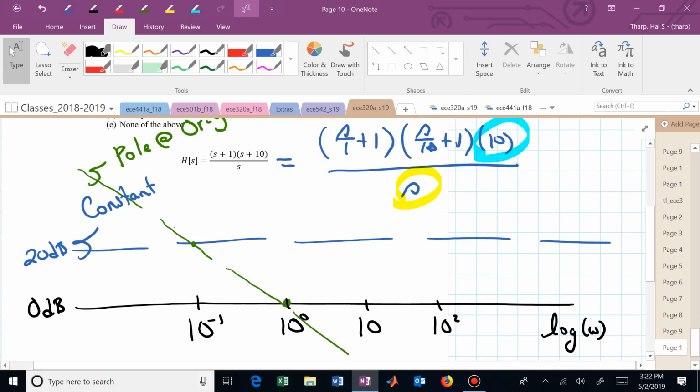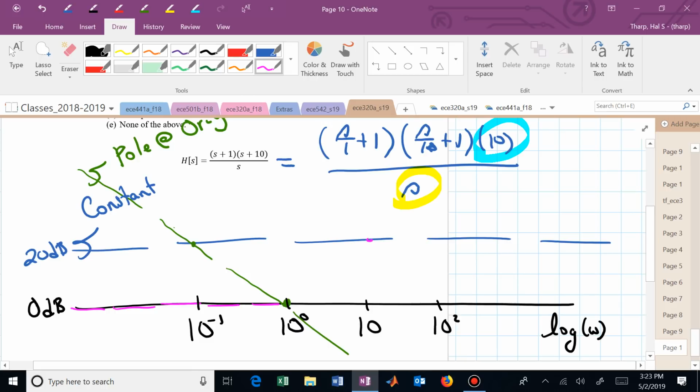We're 0 dB until we hit the break frequency, and then what do we do? Is it upstairs or downstairs? It's a zero factor, it's upstairs, so we're going up. And we're sloping up at 20 dB per decade after the break, which means that we would be flat here. I don't know that I even want to draw it, but I will.